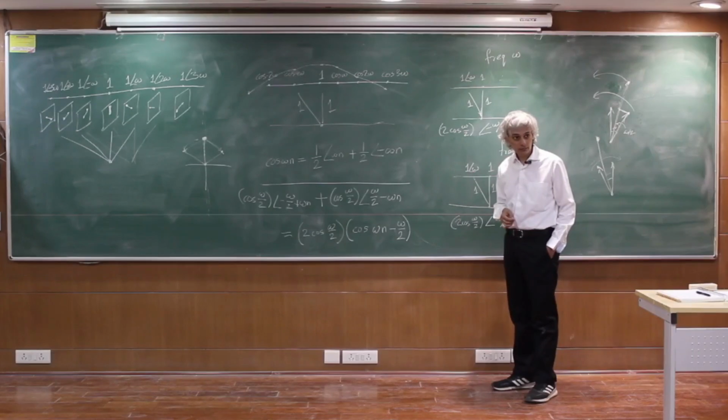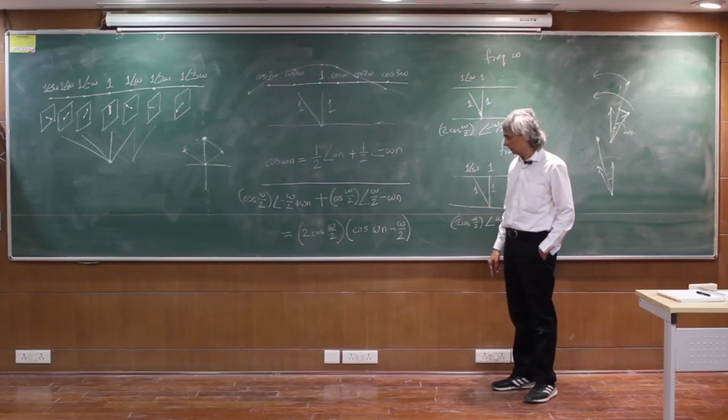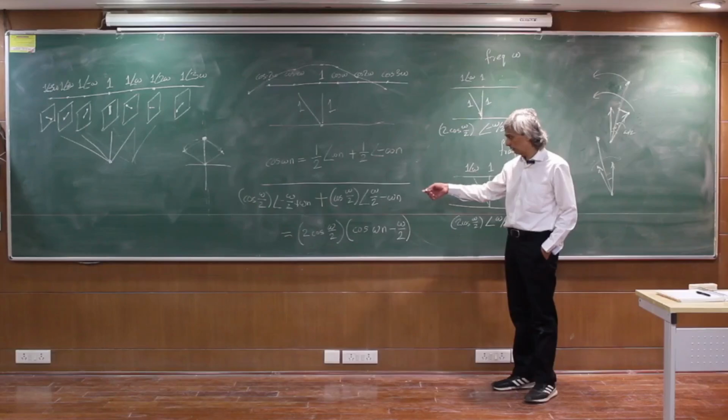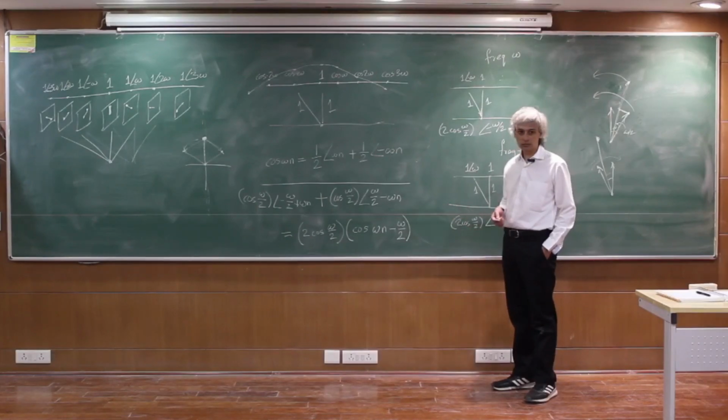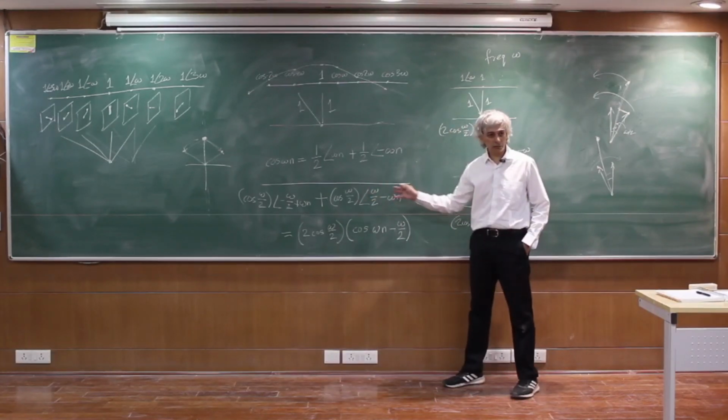Which one? Like, how did you compute this? Where did you get this expression from the above one? From the cos omega n expression. I just used Euler's formula to decompose it into real and imaginary parts; the imaginary parts cancelled out, real parts remained.